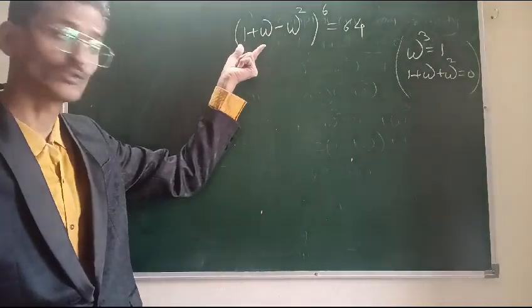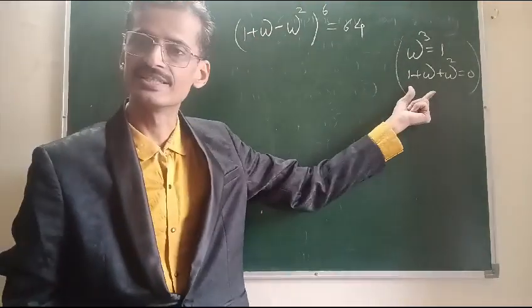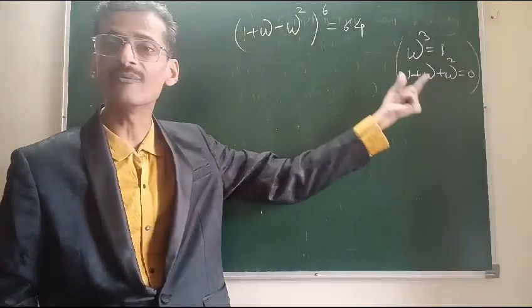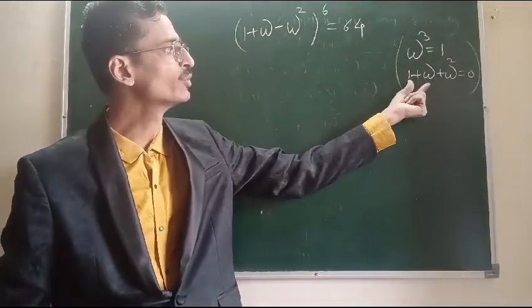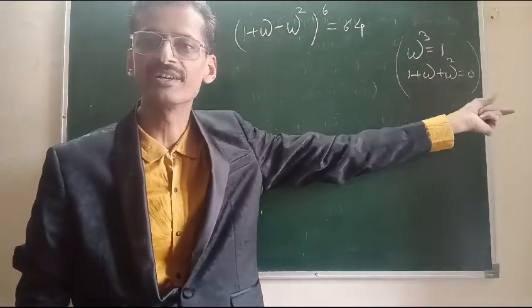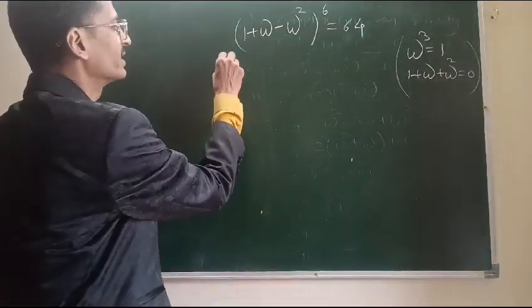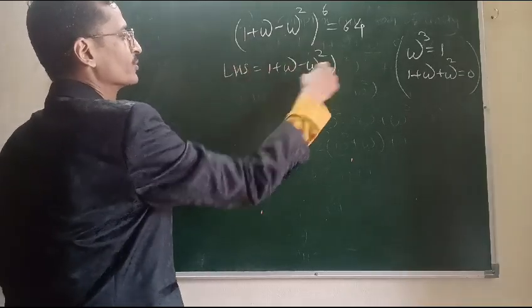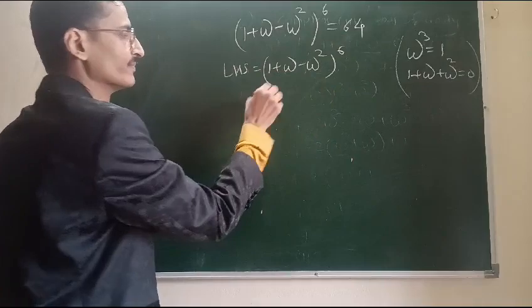Omega square is given with minus, that is not minus here, so don't use this. But 1 plus omega, see here, this is the same 1 plus omega. So for this 1 plus omega we can use this. 1 plus omega is what? Minus omega square. So start with LHS. 1 plus omega minus omega square raised to 6.